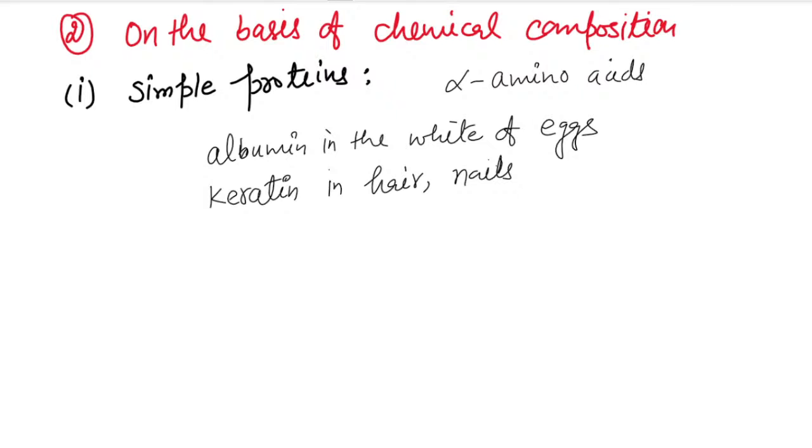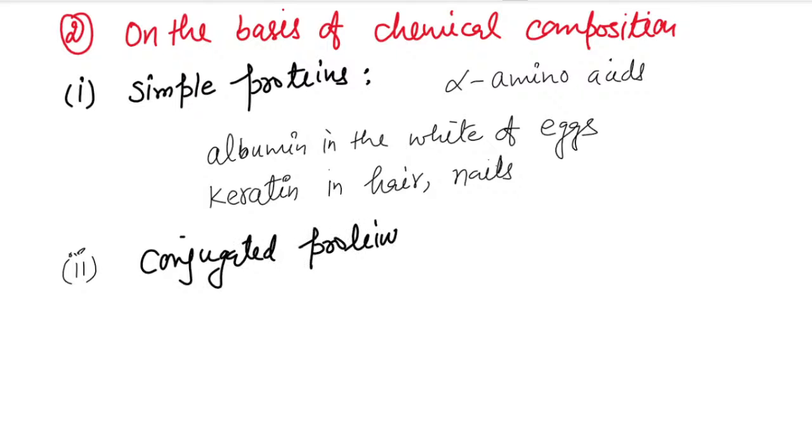Now second is conjugated proteins. Simple protein means which give only alpha amino acids on hydrolysis.